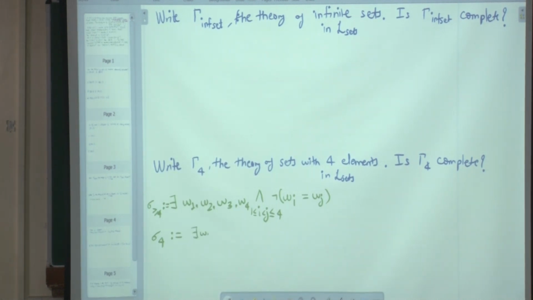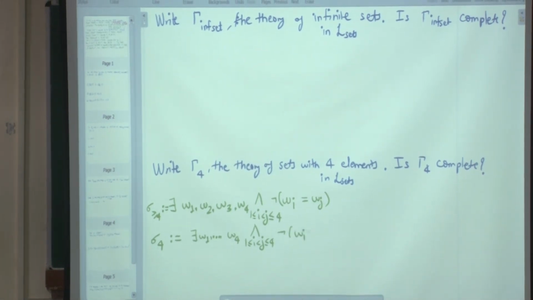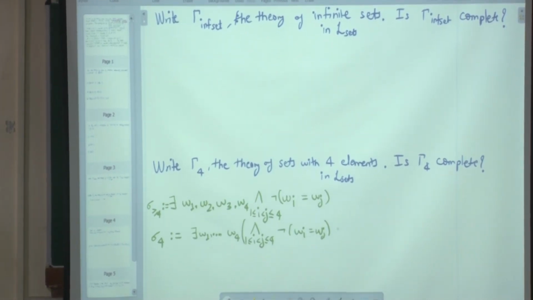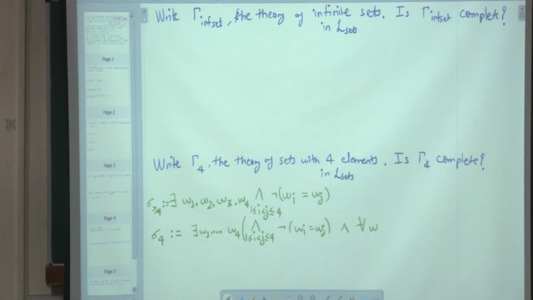There exist W1, W2 up to W4 such that the conjunction over 1 ≤ i < j ≤ 4 of negation Wi = Wj holds, and on top of that, for all W, one of these is true.